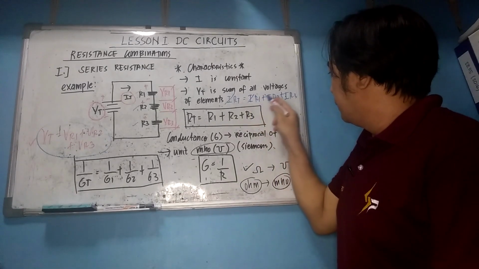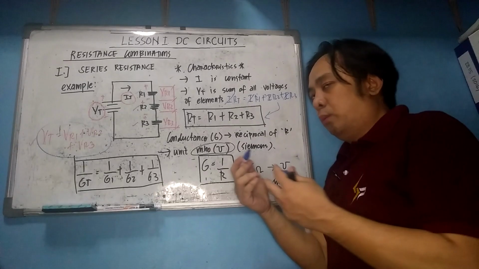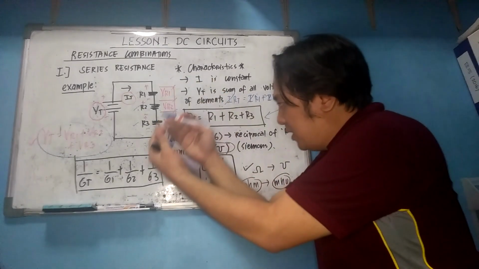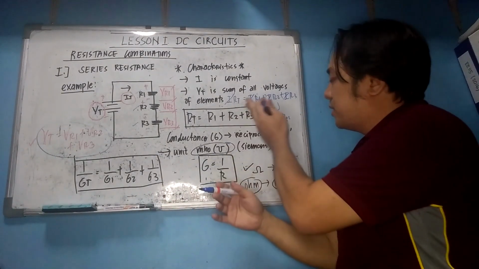Hence, the current will cancel out, leaving behind this equation, which is RT is equal to R1 plus R2 plus R3. Now, if you have many resistors connected in series, you can have plus Rn.